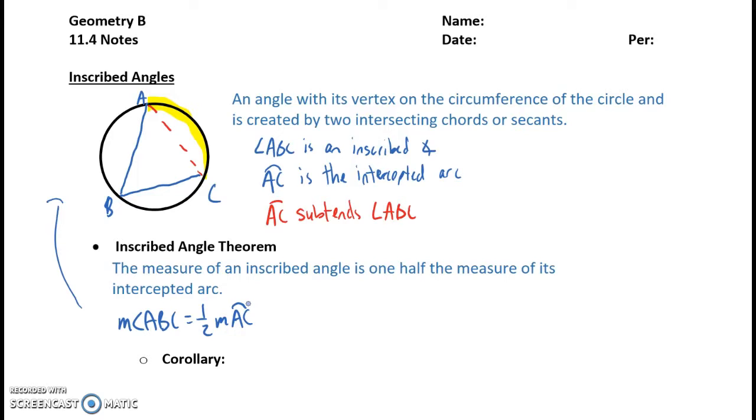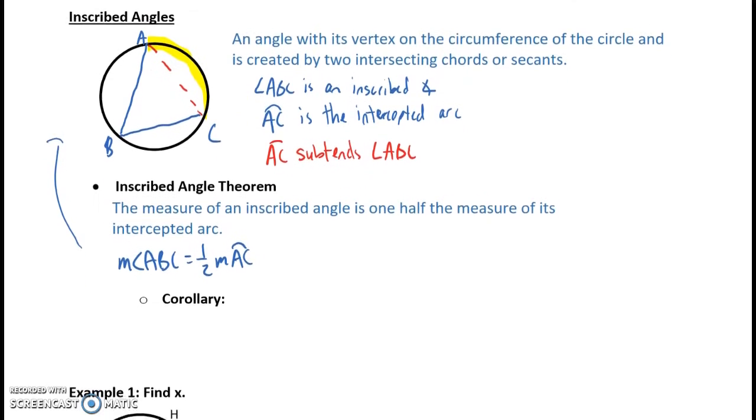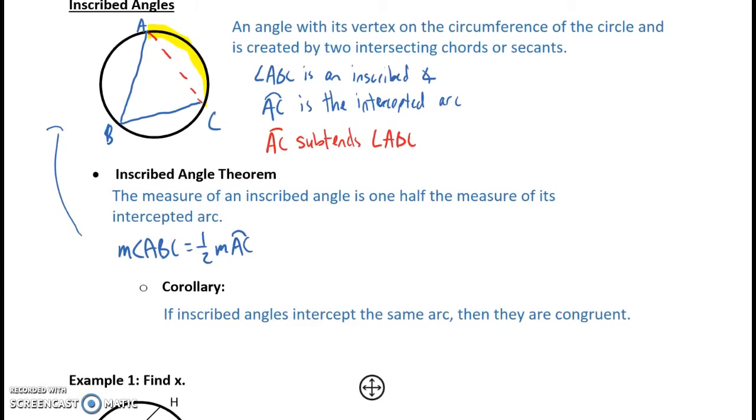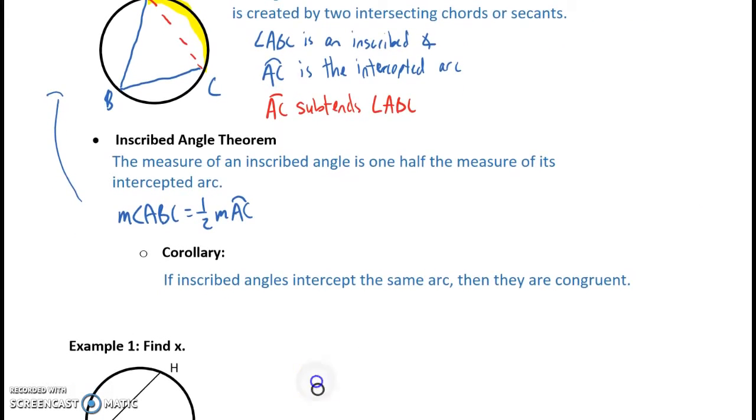Okay? Now, a corollary that relates to this says that if inscribed angles intercept the same arc, then they are congruent. And that again just makes sense because we'd have the exact same arc. So let's scroll down and jot that down. Again, if inscribed angles intercept the same arc, then they are congruent. So what would this look like?